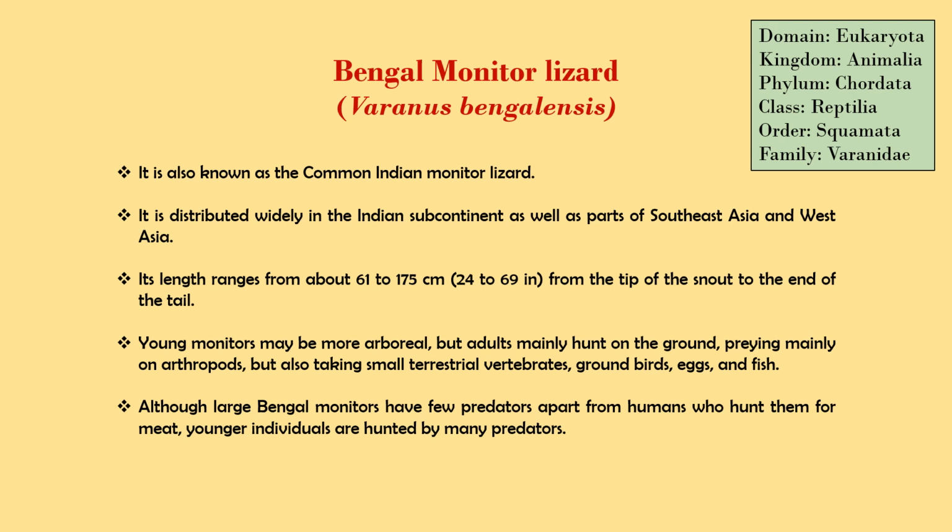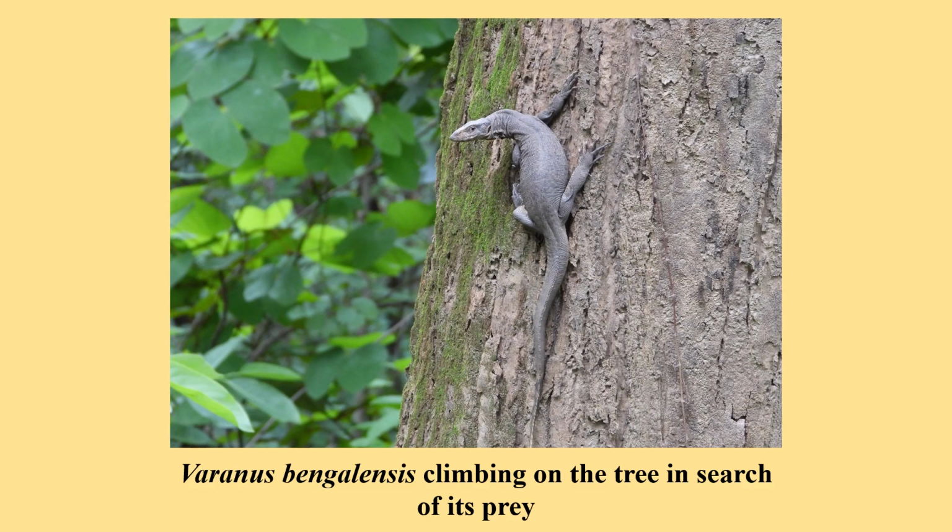This is Varanus bengalensis. It's a young one, seen climbing on a tree in search of its prey. It's a solitary, diurnal, and semi-aquatic carnivore, and its length, as I said, can reach up to 175 centimeters, with the snout to vent length, SVL, method of measurement.